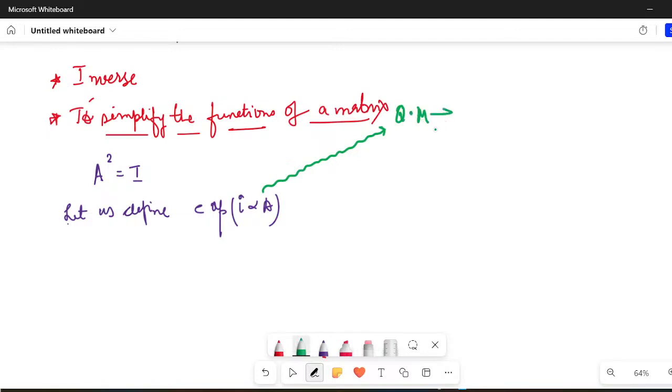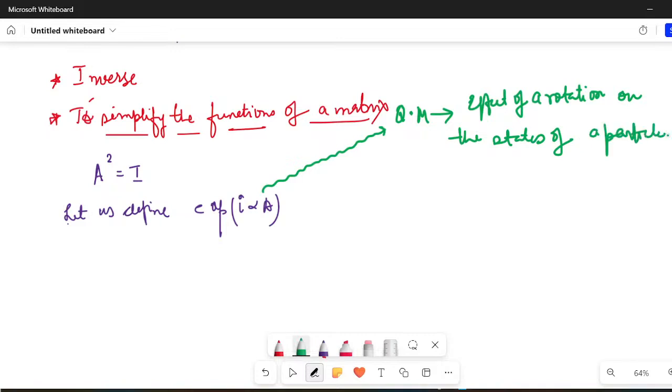In quantum mechanics, specifically in the effect of a rotation on the states of a particle with spin half, a structure like this you will happen to see.